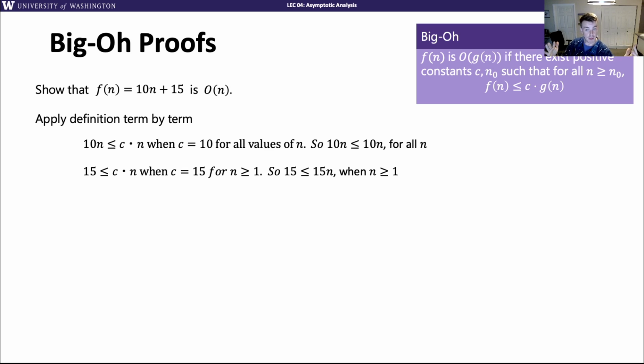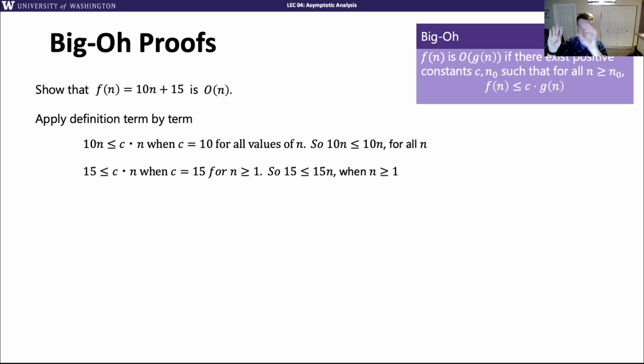This would also have been true if I chose c equal to 17.4 and n greater than or equal to 1.7. That would make that statement true. 15 is less than or equal to, I think I said 17n, when n is greater than or equal to 1.7 or whatever, right? Those statements are also true. So there's lots of flexibility here for how you choose c and n as long as you show that this less than or equal to statement holds.